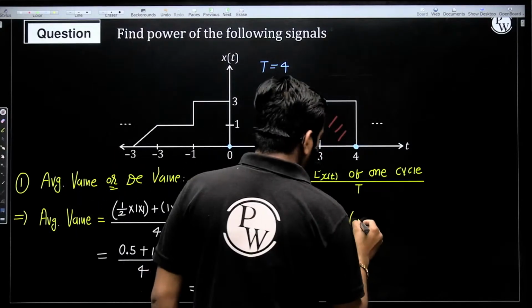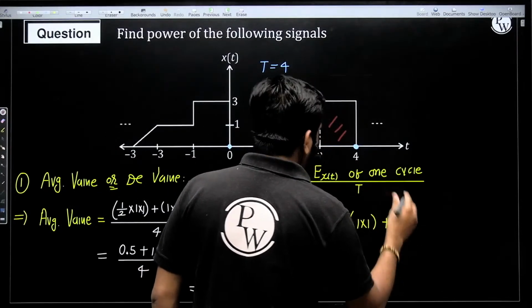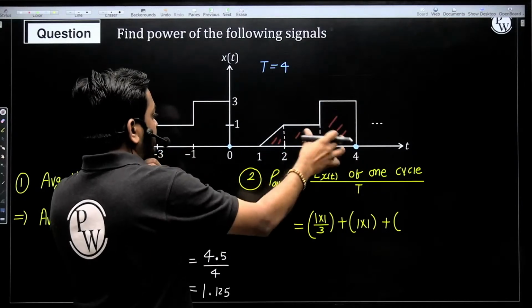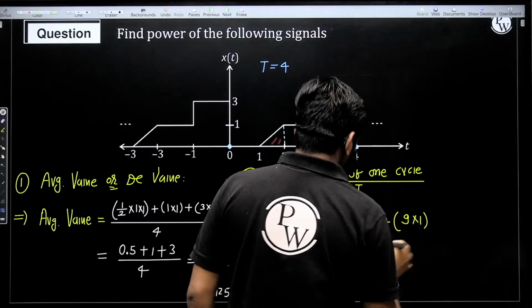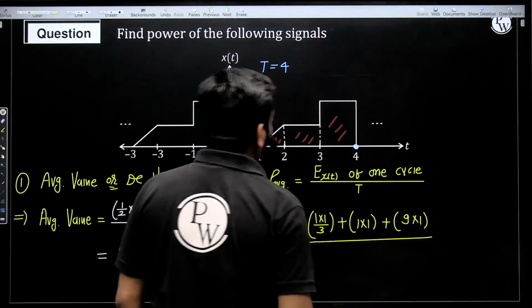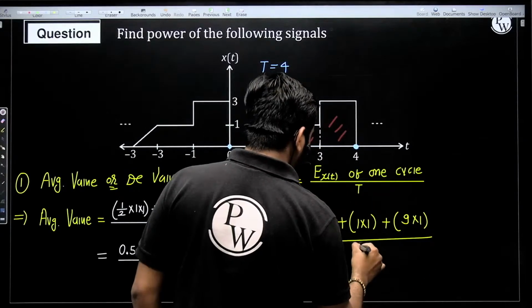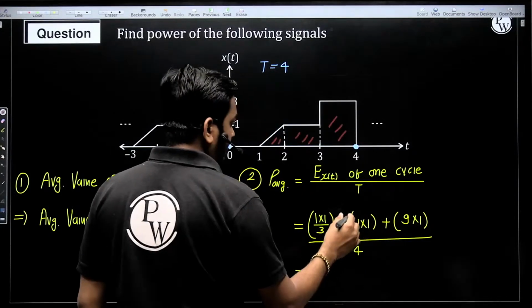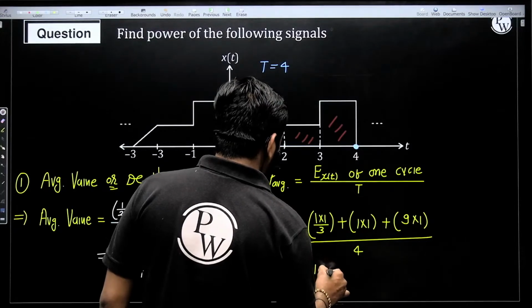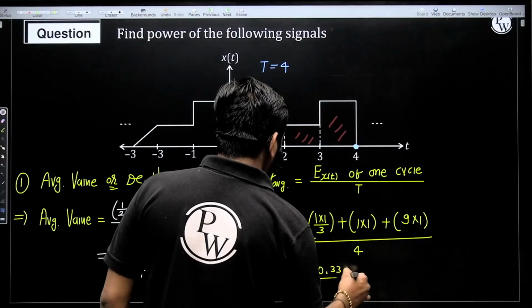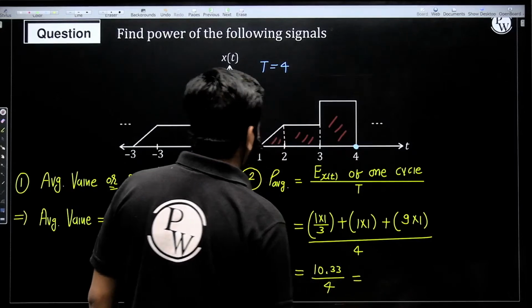So 1 into 1, plus energy of the rectangle function, A square into width. A is 3, guys. So 3 square, that is 9, width is 1, whole divided by the fundamental time period. The fundamental time period is 4. So it is 10 plus 1 by 3, so 10.33 divided by 4. Yes or no? Tell me. Correct?